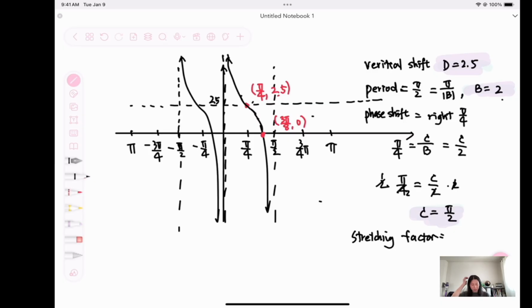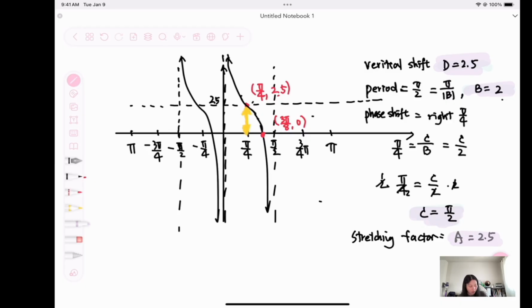How do we find that? So the stretching factor is how far away the midpoint, the y-coordinate, is from the center of the graph. So that means this distance. So this distance is equal to 2.5. So our stretching factor A is equal to 2.5.